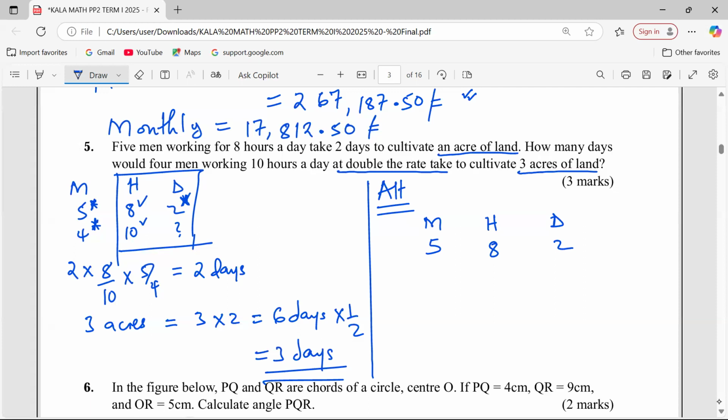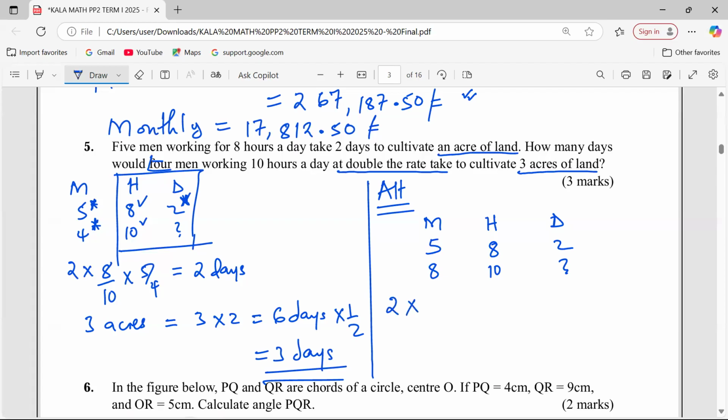How many days would 4 men working at a double rate take? 4 men working at a double rate are equivalent to 8 men. So I'm interpreting the double rate this way: if we are bringing 4 men, but their working rate is double, then they are equivalent to 8 men, working 10 hours a day to do an acre.